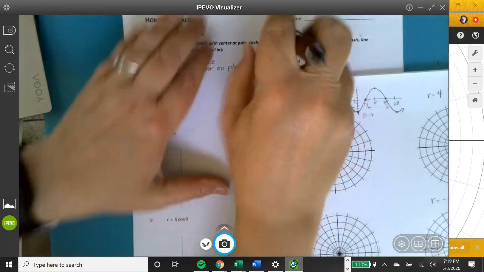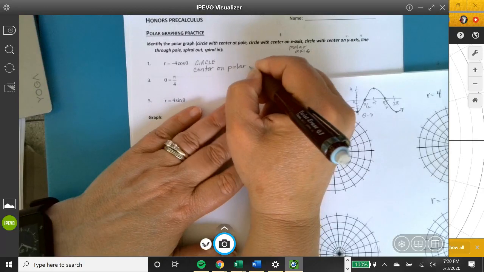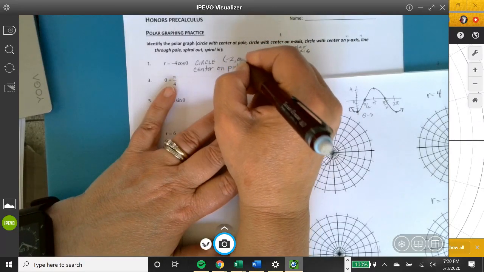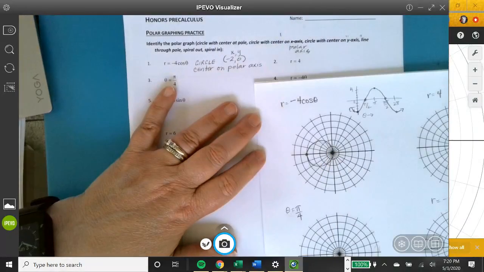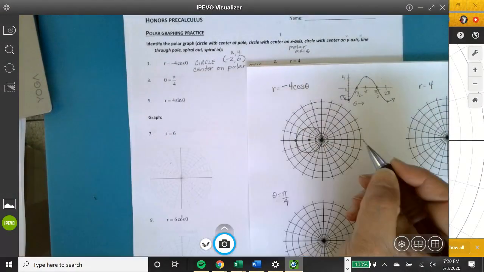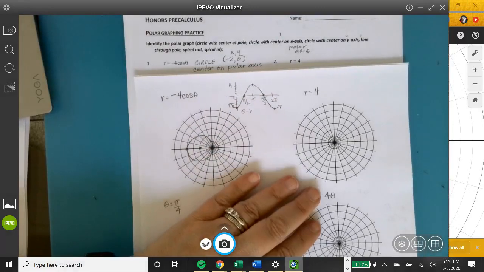I can't spell polar. I are an engineer. On the polar axis, I'm sorry. And this circle is centered at -2, 0, and this is not r theta, this is xy, just to remind you, okay? But right, because the center here is at 2, 0, rectangularly.